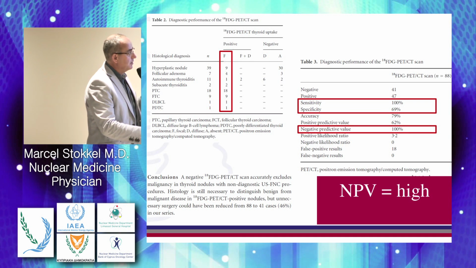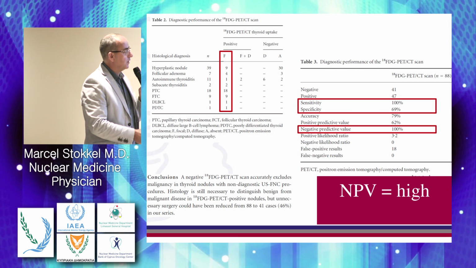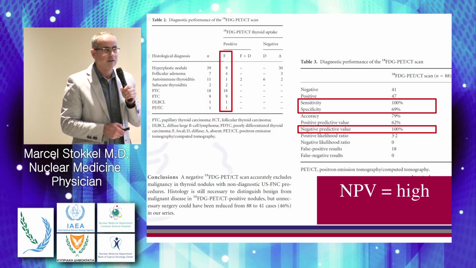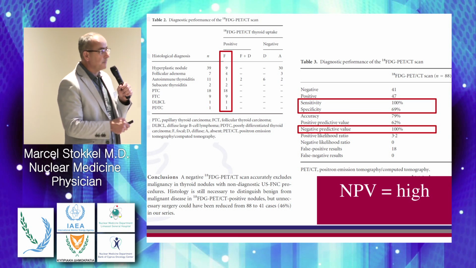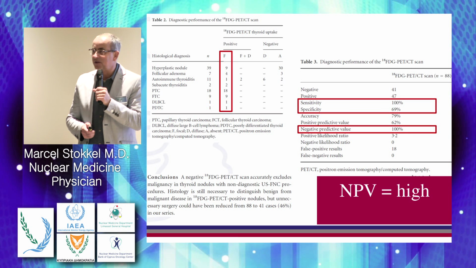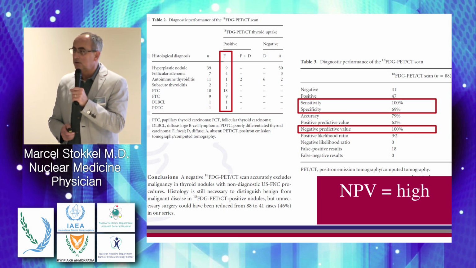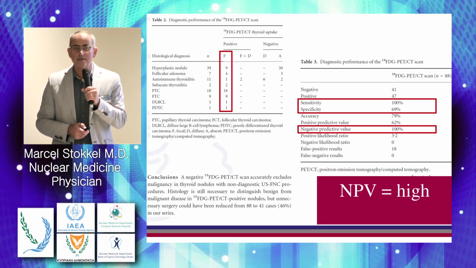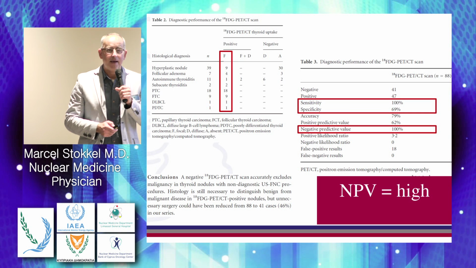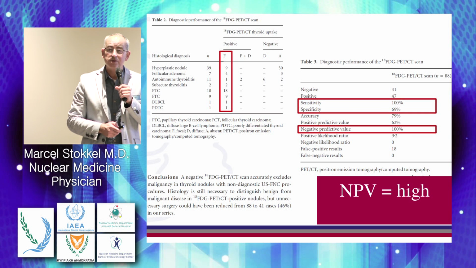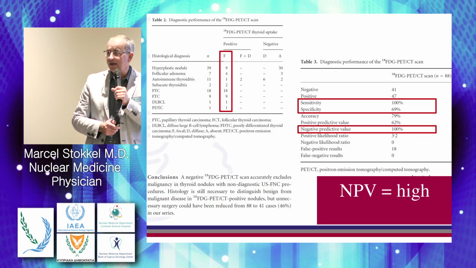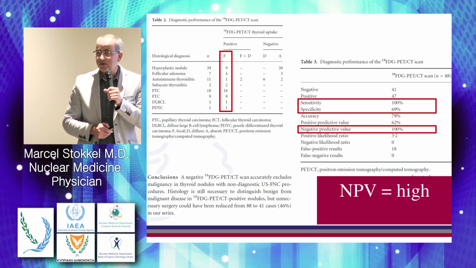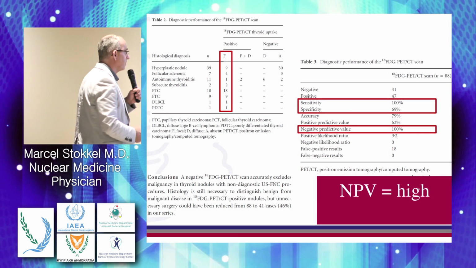But this is maybe the most important result, the high negative predictive value, because all patients that did not have any focal uptake in the nodule did not have thyroid cancer. And that means that you can probably use FDG PET scanning to make up your strategy thereafter.